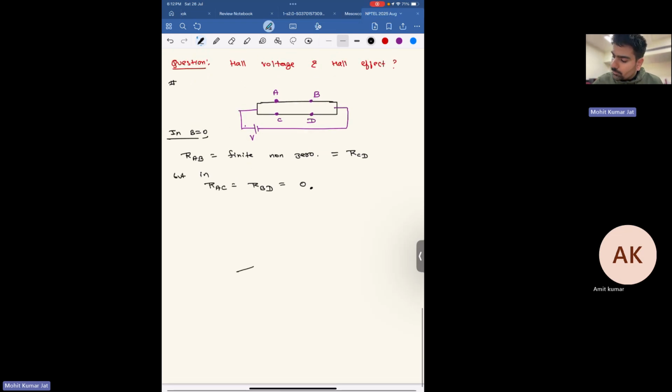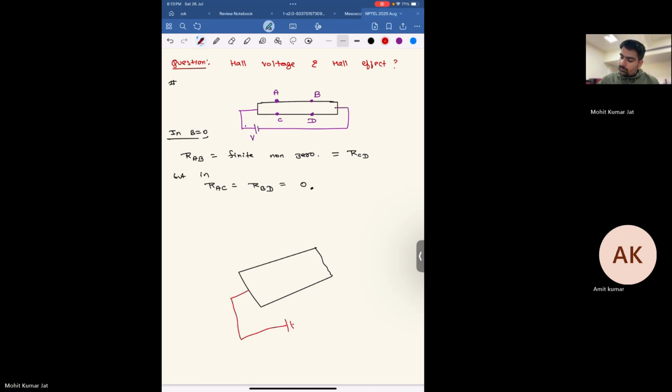So, for example, you have this circuit, which is like this. In this one, you apply a voltage, a battery here, and so the current will flow. And there is a certain thickness of it.